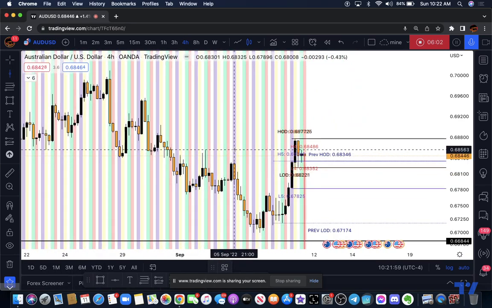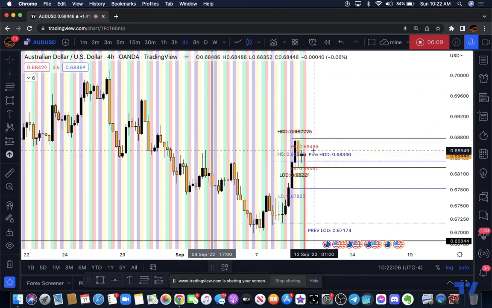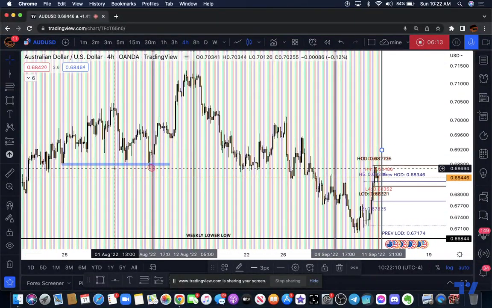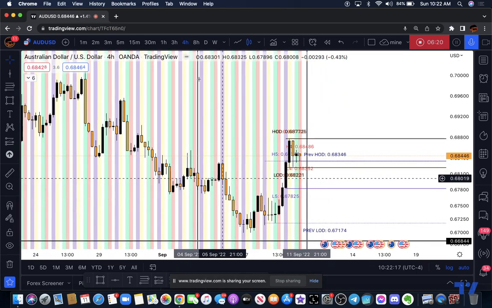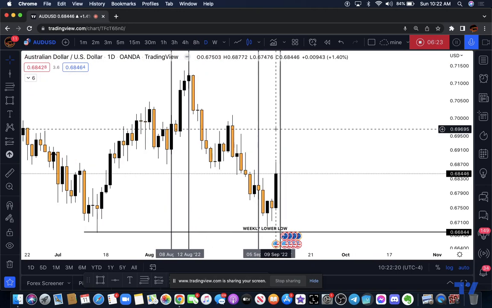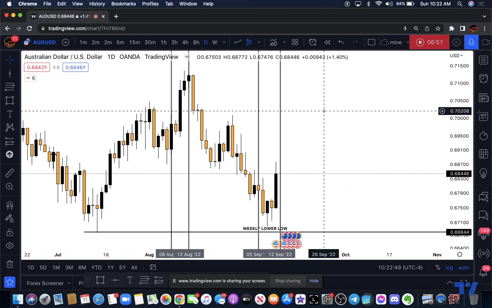So AUD USD from the previous week going into this one.